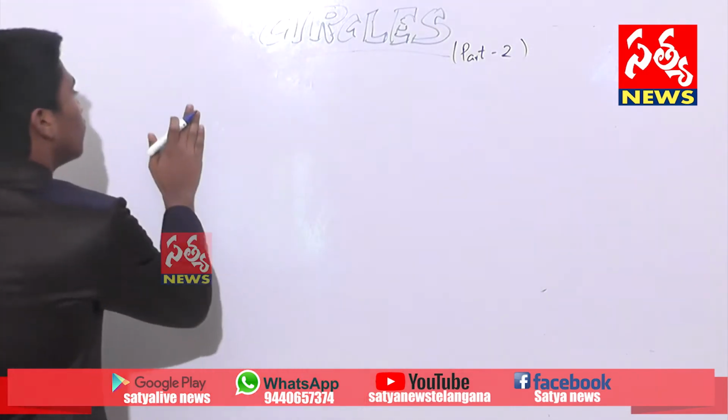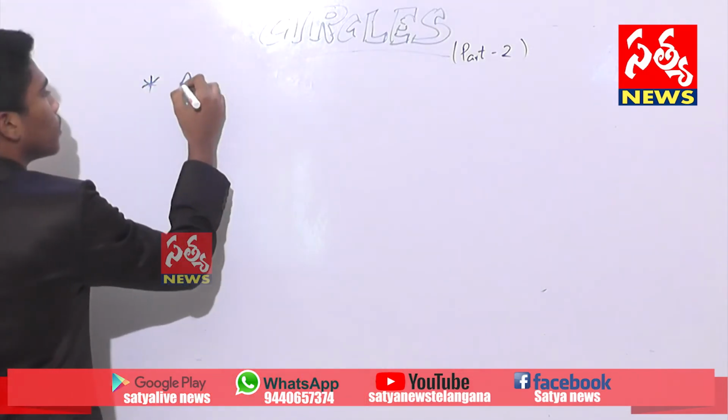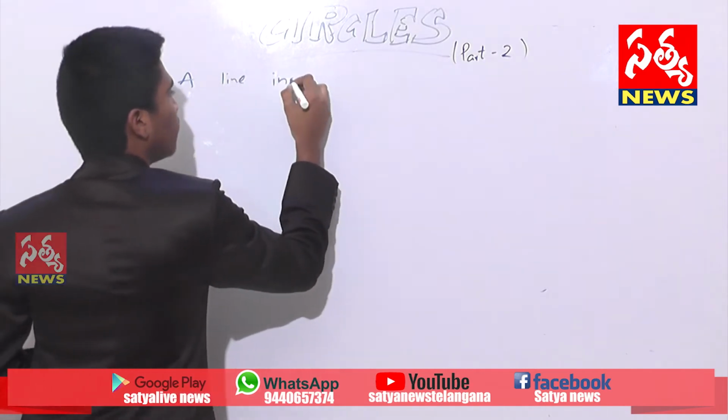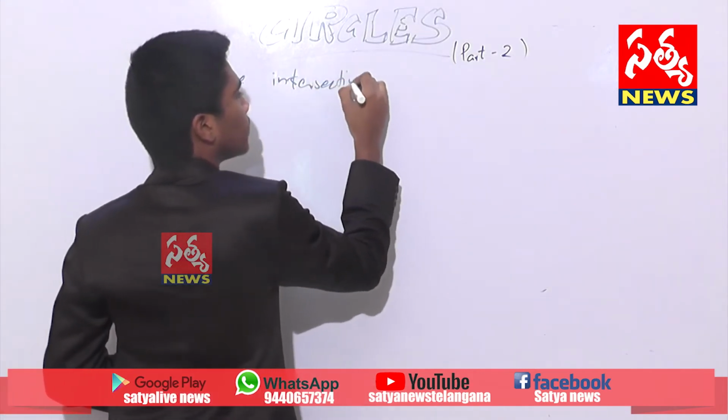Next, we will discuss a line intersecting the circle.